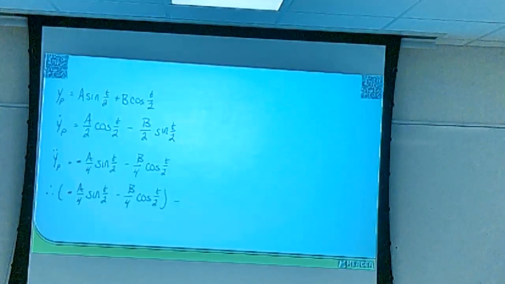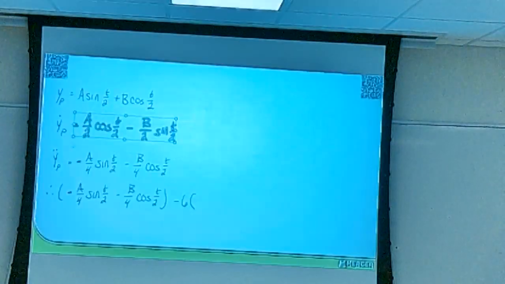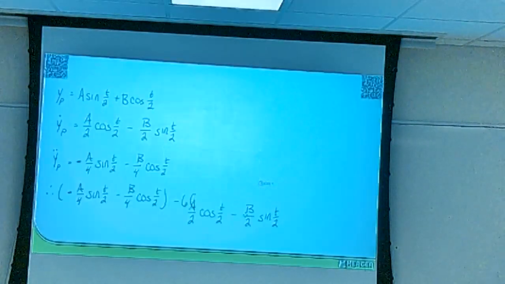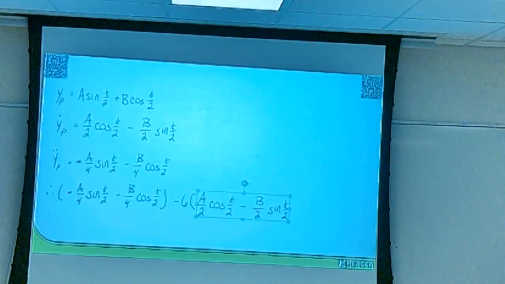Minus 6 y dot. Let's reset my computer. Good. It was what, plus 25 times y?